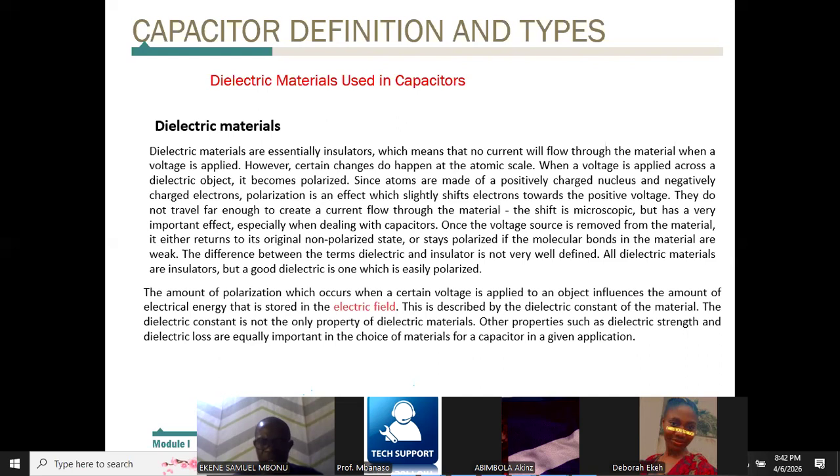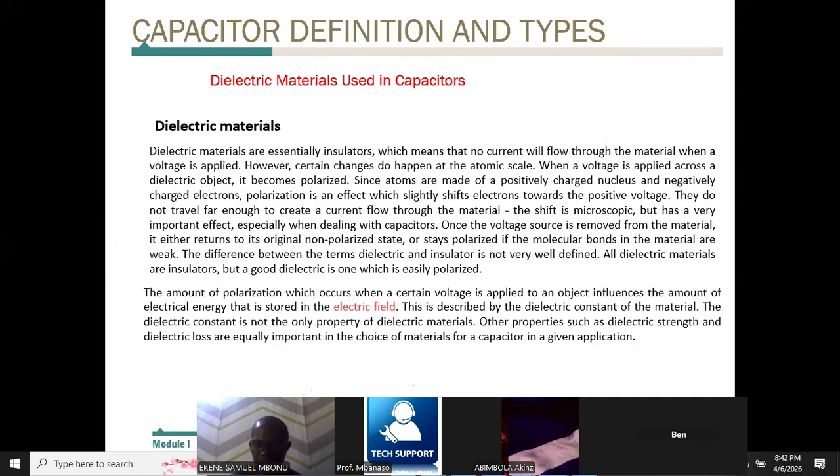Since atoms are made of a positively charged nucleus and negatively charged electrons, polarization is an effect which slightly shifts electrons towards the positive voltage. They do not travel far enough to create a current flow through the material. The shift is microscopic but has a very important effect, especially when dealing with capacitors.